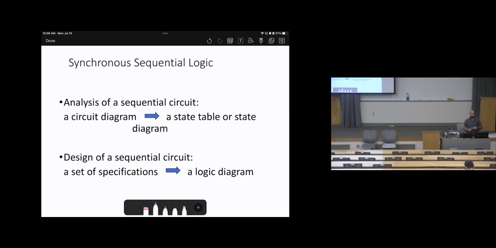Then we realized that the best memory element is to use flip-flops, not latches. Using flip-flops, we can store data such that a group of flip-flops is called a register. And then a group of registers can be used to create a memory, while a register or a flip-flop is used to store only 1 bit.